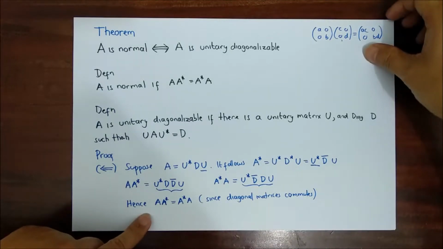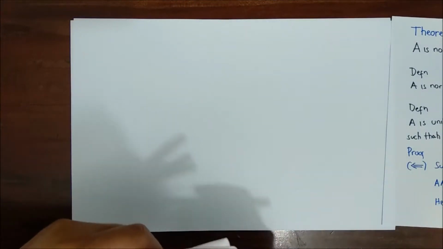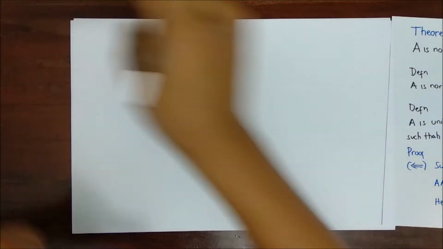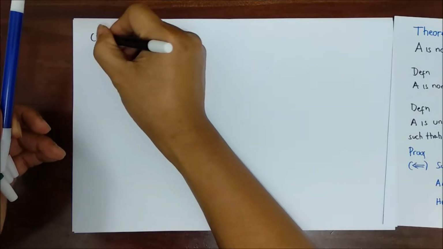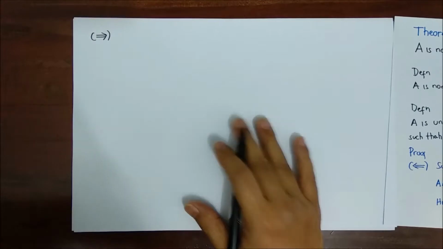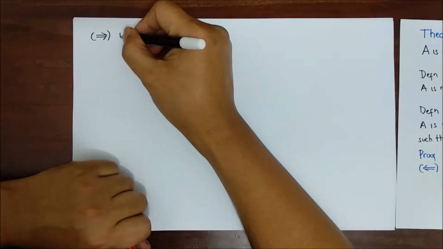The next one is we're going to prove from left to right, and this is a little harder than the previous one. We're going to use induction, and for the base case we do n equals 2.